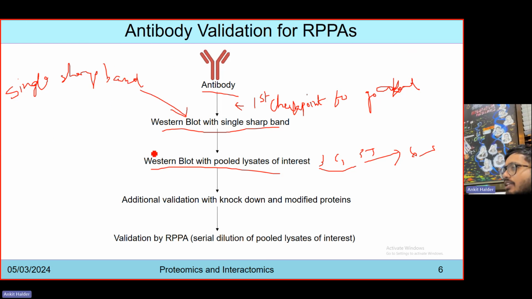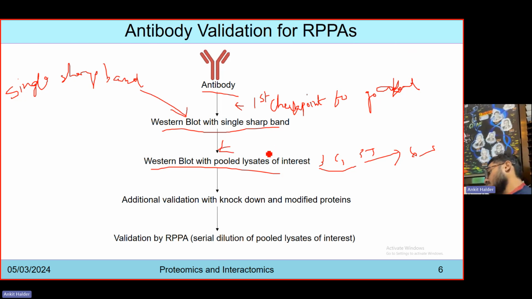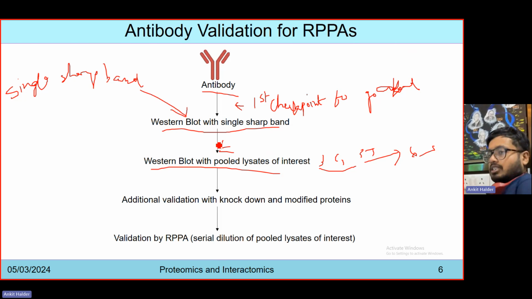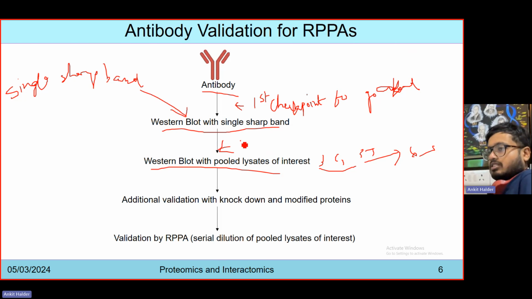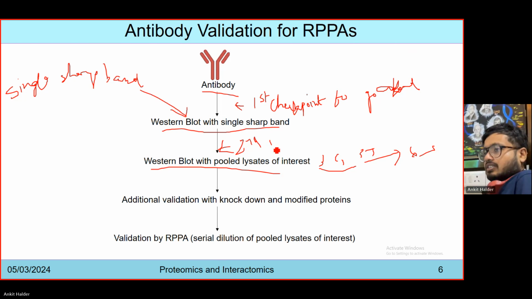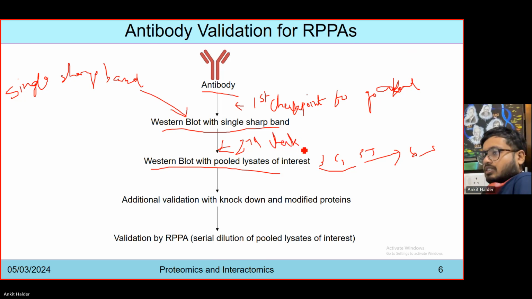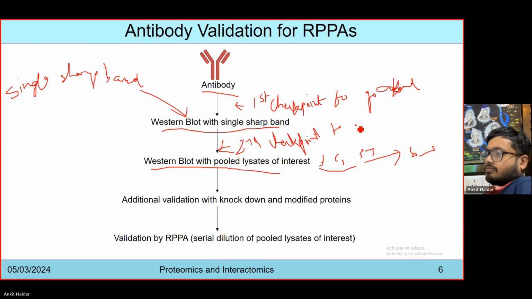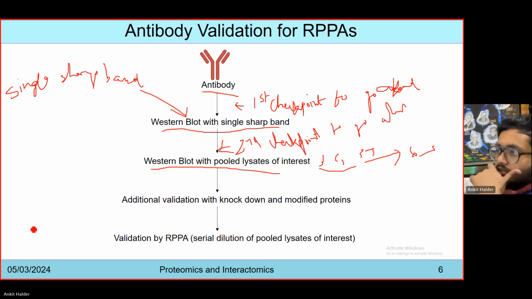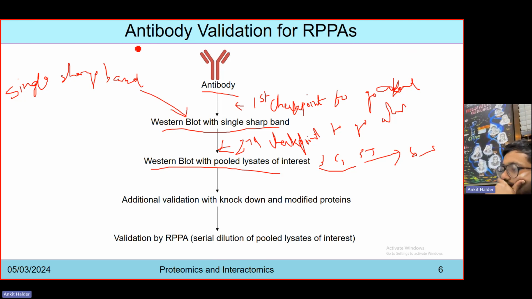This also shows that the antibody is quite effective at capturing the particular protein expression in those kinds of lysates. That is the first checkpoint, then the second checkpoint.